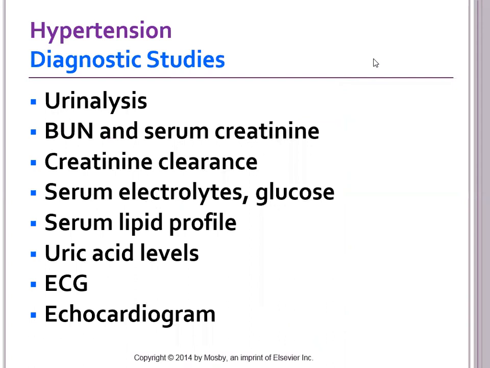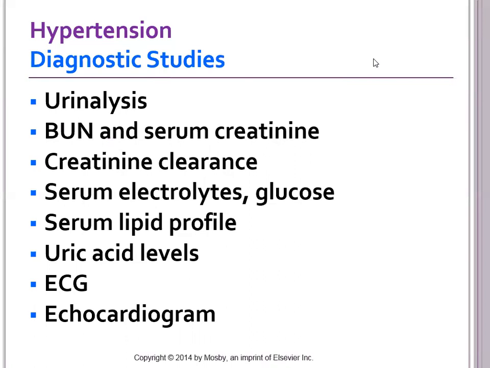All right, so some diagnostic studies for hypertension. Again, there's no one test that we can do for hypertension, but a lot of these studies, why are we doing these diagnostics for hypertension? Right, this is focusing on all those problems that can happen from hypertension, that target organ disease from hypertension.